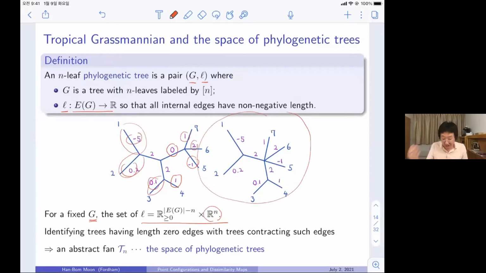So we have another cone associated to this topological tree. Then we are going to identify these two trees, and glue a lot of different cones together. In other words, we are going to obtain an abstract fan. And this fan T_n is called the space of phylogenetic trees. This is an official definition.